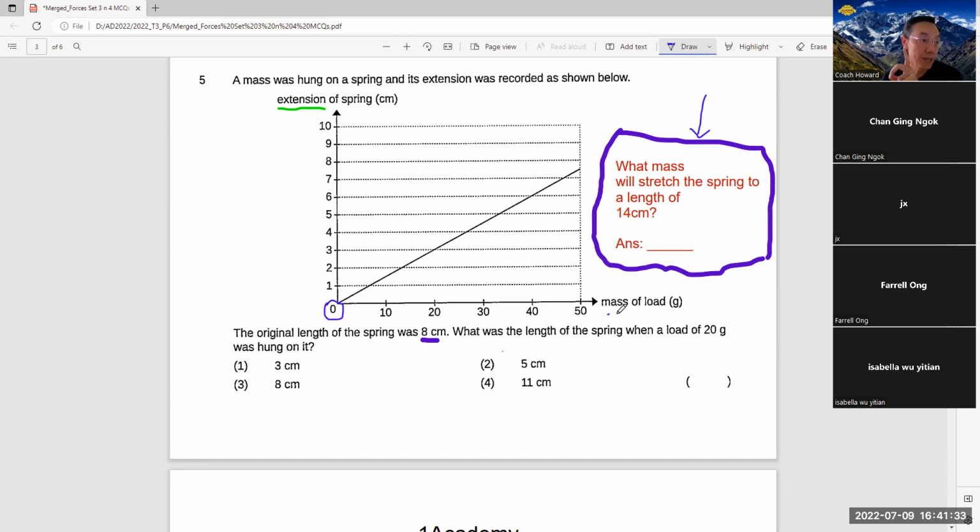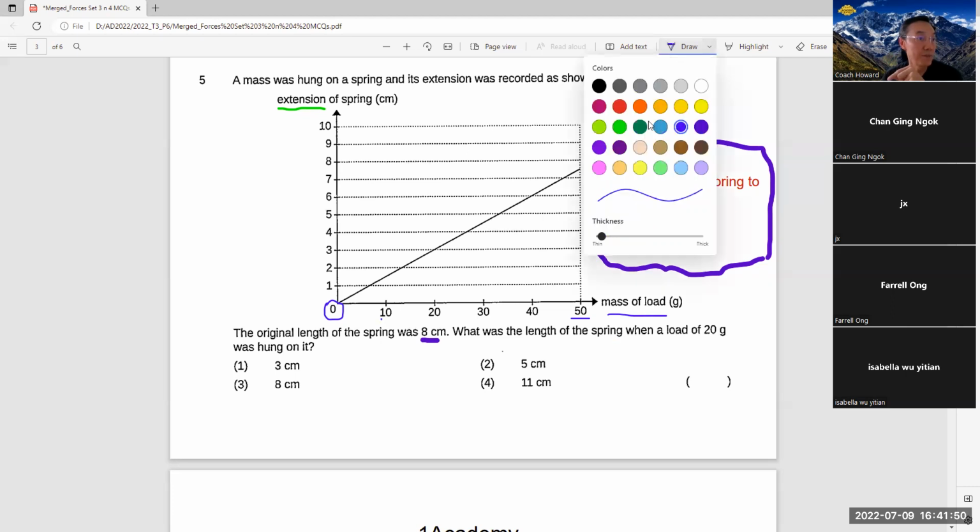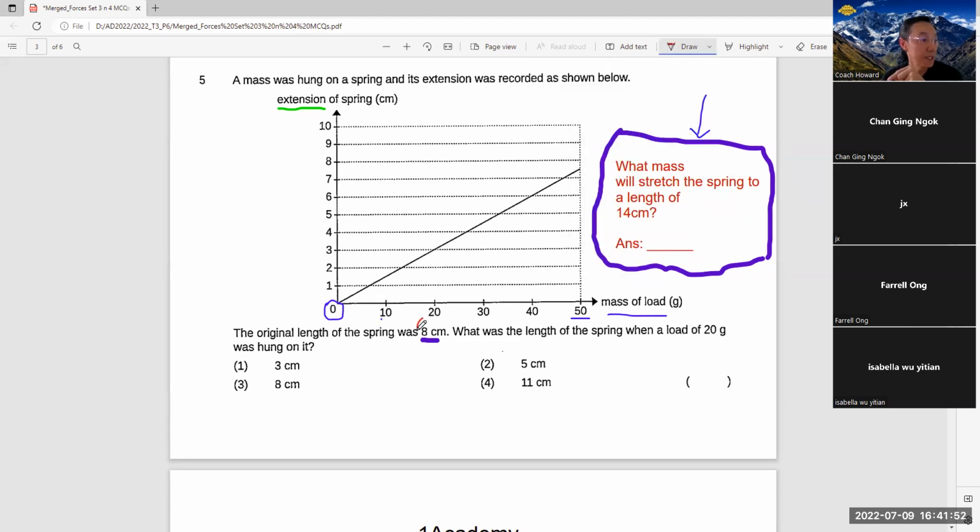As the mass increases from 10 to 50, the extension increases in a linear way. Linear means proportionate. So we do the first part first. The original length of the spring is 8 centimeters. You take note of this, this is important information. 8 centimeters original. That means without any mass, the spring itself is 8 centimeters.